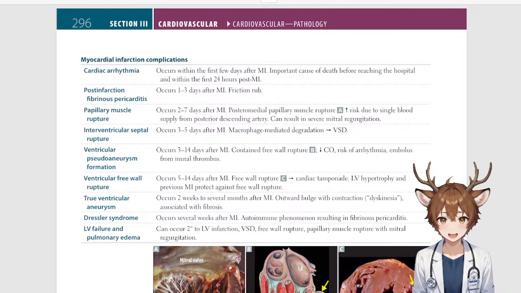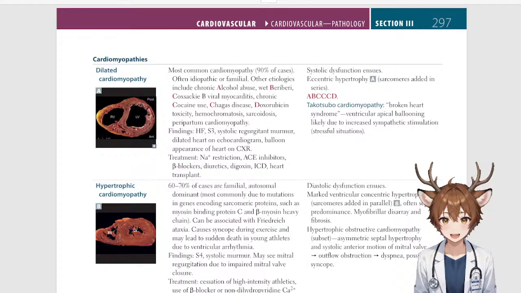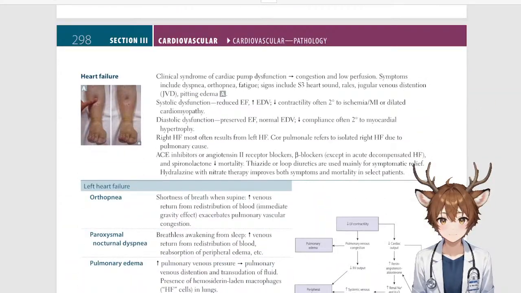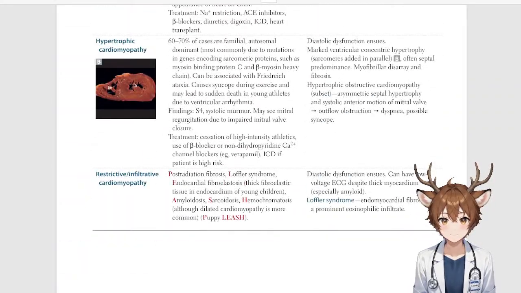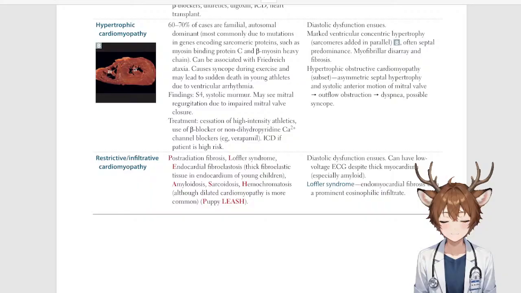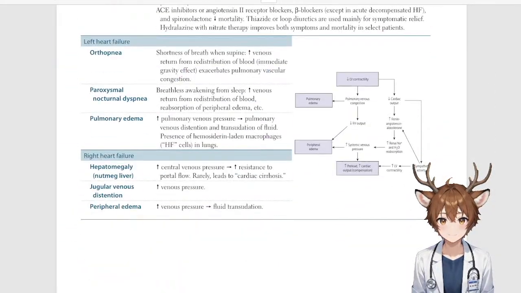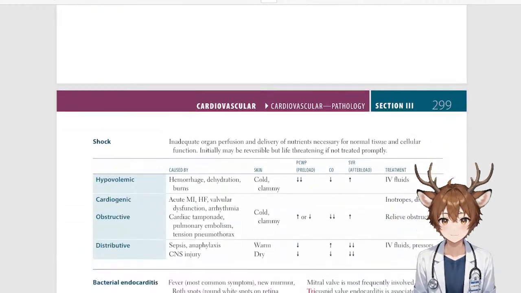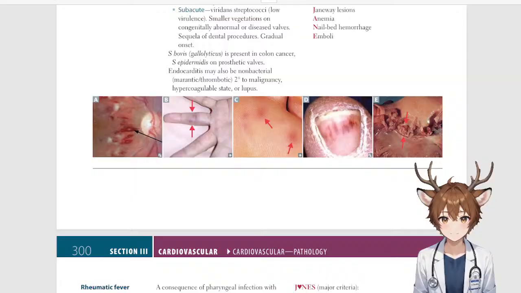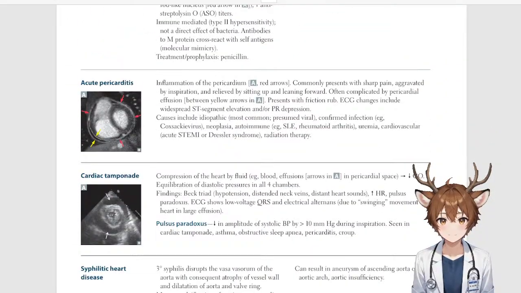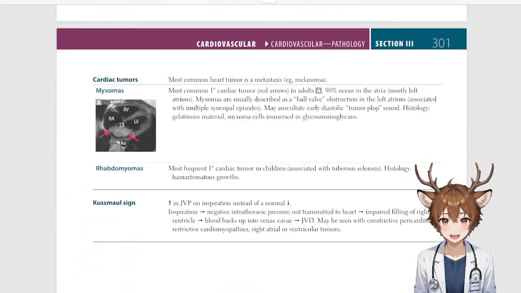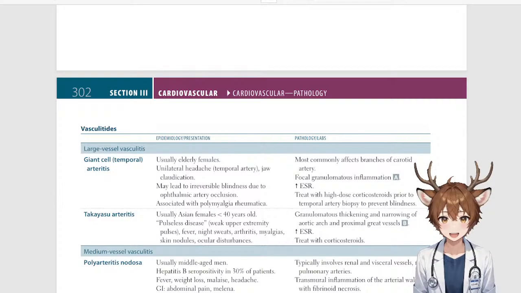Now into Wolff-Parkinson-White syndrome, which again I don't see in the book here, unfortunately. Wolff-Parkinson-White. Let me just see if I want to just do Control F, but I don't know where it's going to lead me.